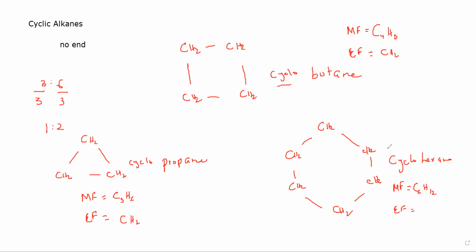For cyclohexane, C6 and H12, because 2, 4, 6, 8, 10, 12. When I take the simplest ratio between 6 and 12, I divide by a common factor. Both are divisible by 6. So 1:2 is the simplest ratio. So you will find all these cyclic alkanes have the same empirical formula.